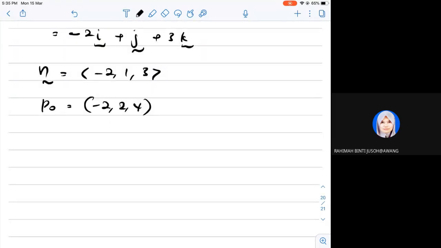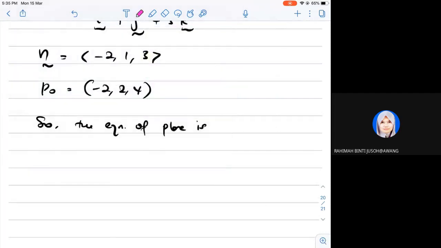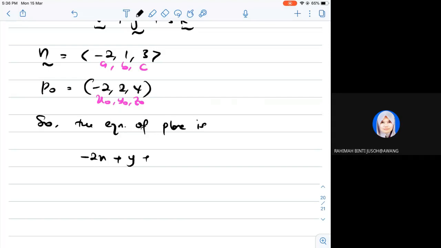So the equation of plane is A x naught. This is your A, B, C lah. And bawahnya adalah x naught, y naught and z naught. So A, B, C, negative 2x plus y plus 3z plus d equals to 0.